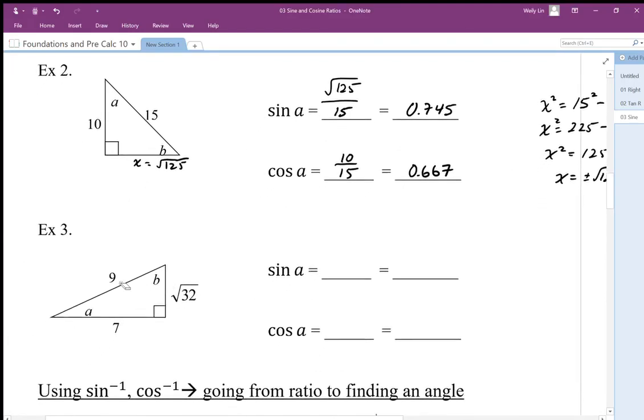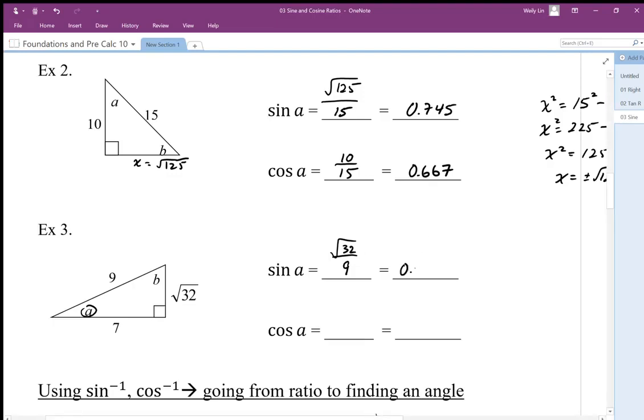Here the third side, all three sides have been worked out for me. And so I'm just going to reference our angle A. There's angle A. Sine is going to be, again, the opposite. So square root 32, that's approximately 5 point something, over the hypotenuse is 9. Okay, so again, I'm going to work out the decimal. We do want to use the exact value of square root 32 over 9 when possible.